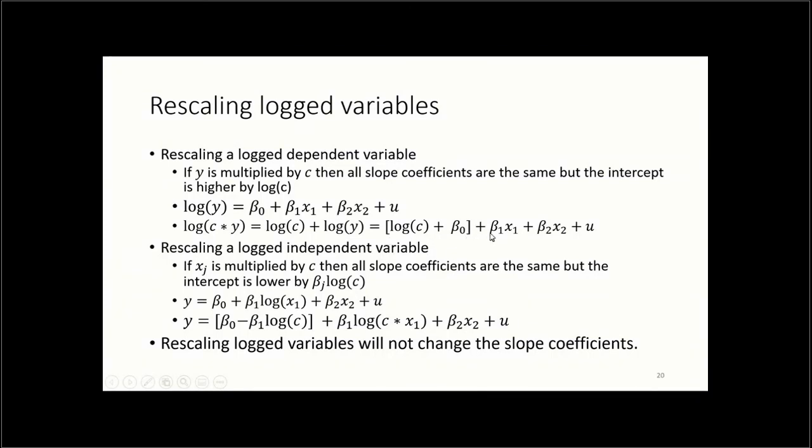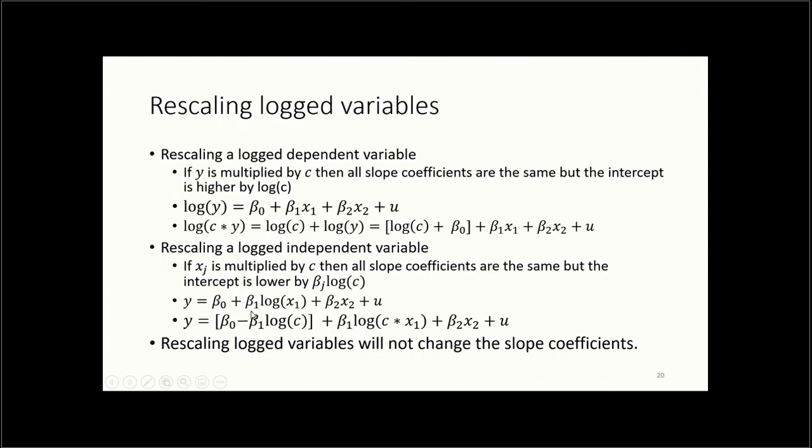Notice that none of the slope coefficients, which means the coefficients on the variables, would change. Now if we rescale a logged independent variable, we multiply xj by c, then all of the slope coefficients again would be the same, but the intercept would be lower by beta j times log c. So if we have the model like that, but here is the logged variable, if we multiply this by c, by the properties of the logs, that would be equal to beta 1 times log of c plus beta 1 times log of x1.